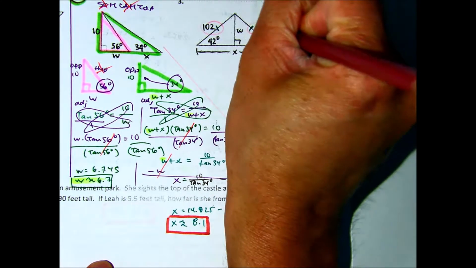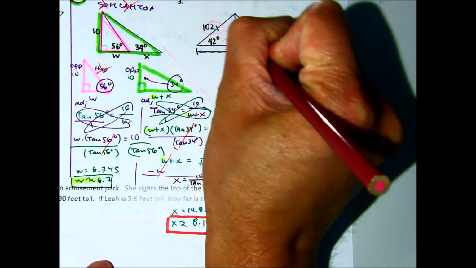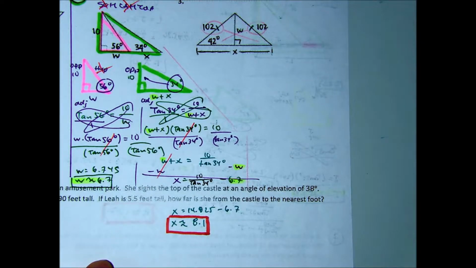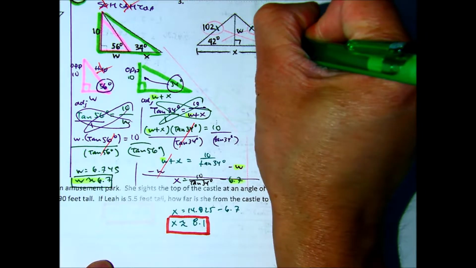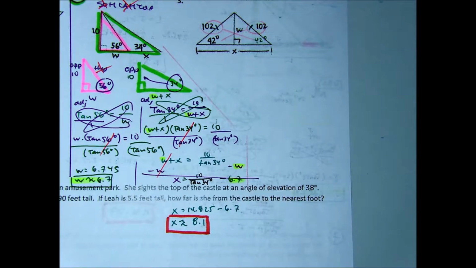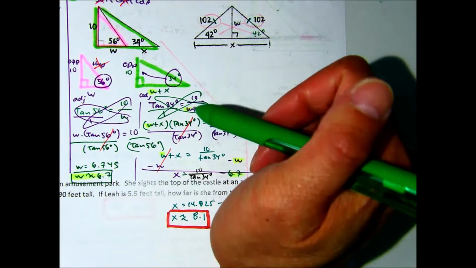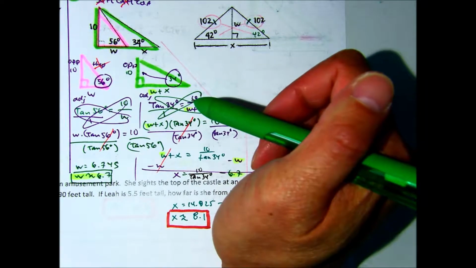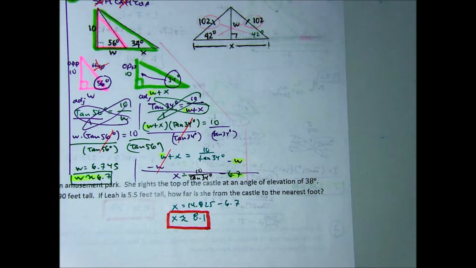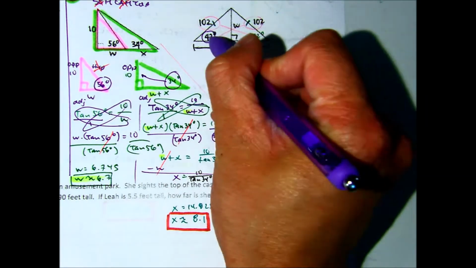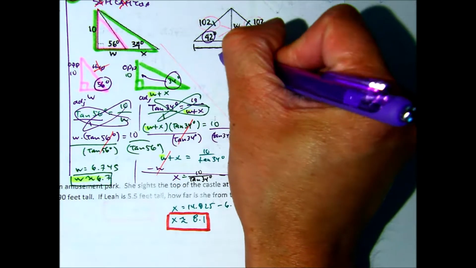So you can write 42 degrees right here. I'm going to go ahead and solve for W. You can solve using any triangle. I have the opposite side. I have the hypotenuse because it's across the right angle.